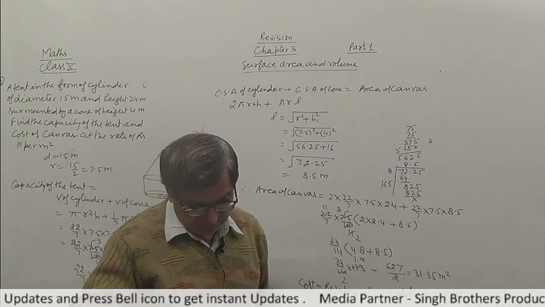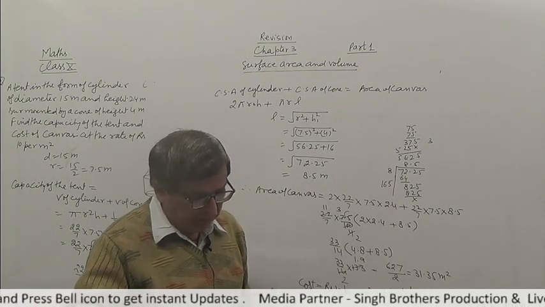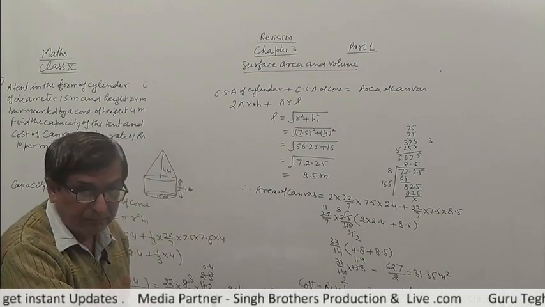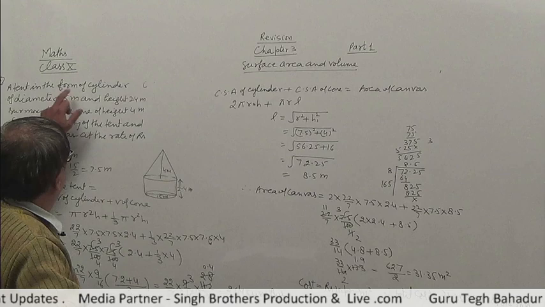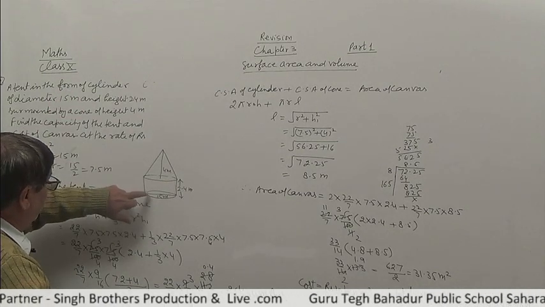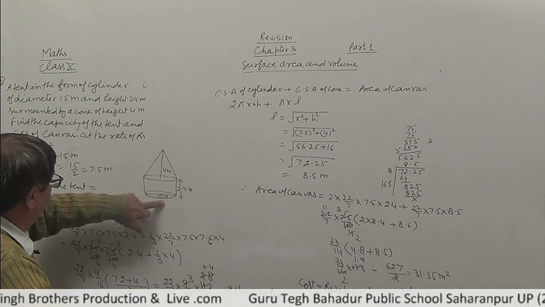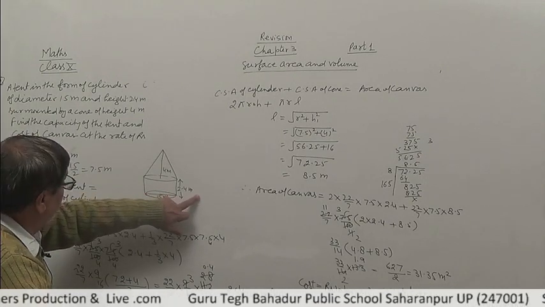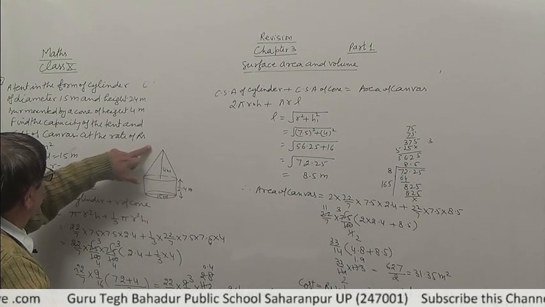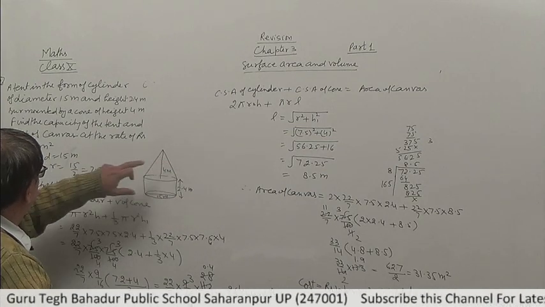Again, this question: a tent in the form of a cylinder of diameter 15, height 2.4, surmounted by a cone of height 4.